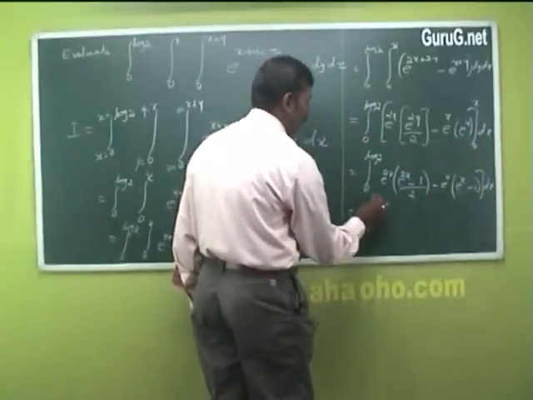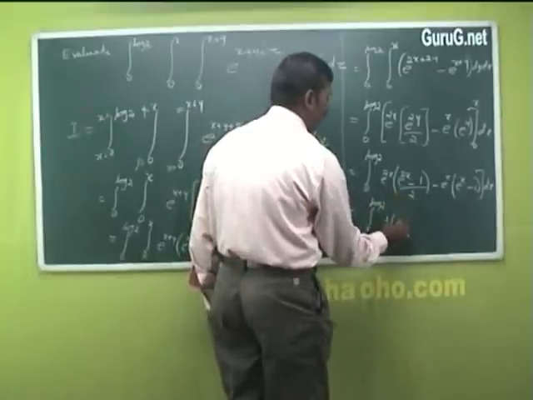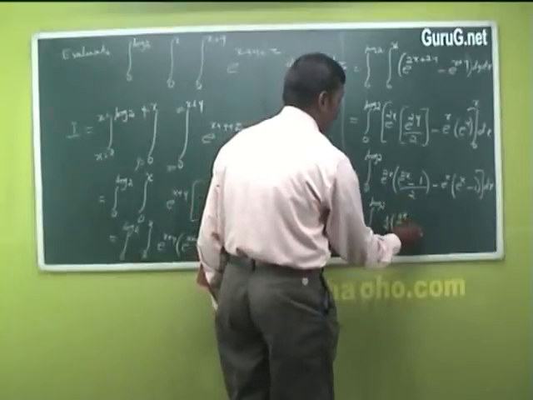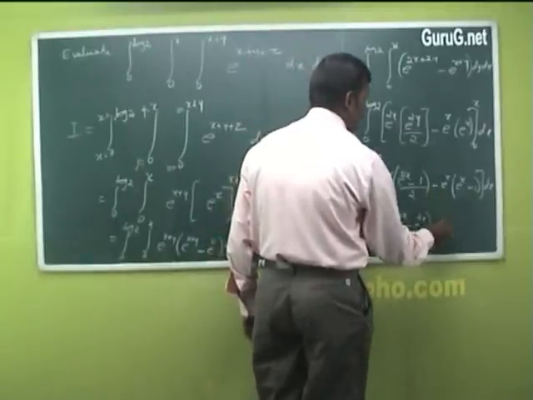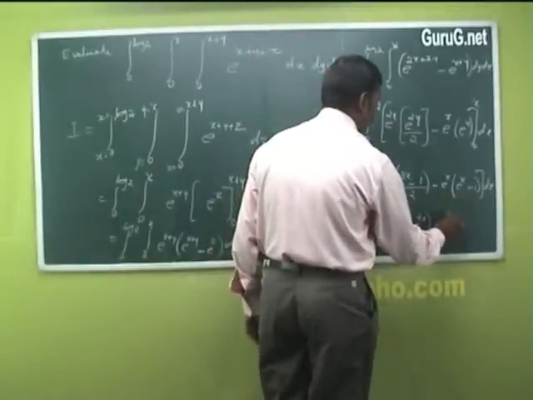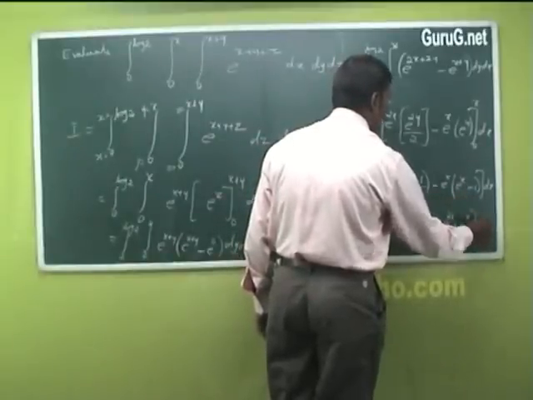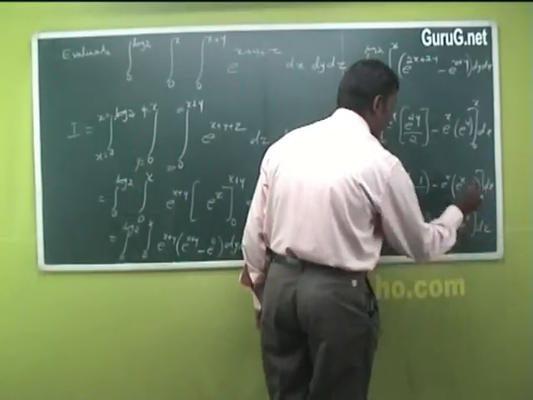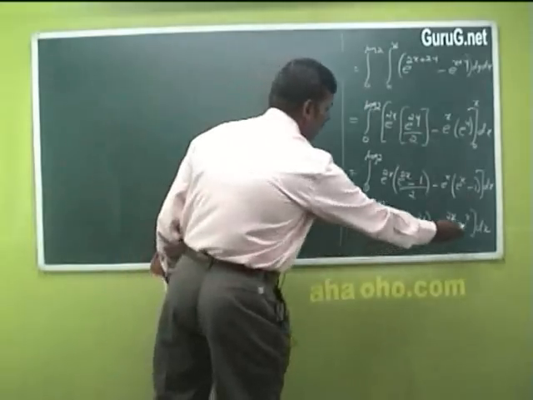Integral 0 to log 2, so 1 by 2 into e power 4x minus e power 2x, now minus e power 2x plus e power x into dx. Now simplify it. Now again integrate with respect to x.